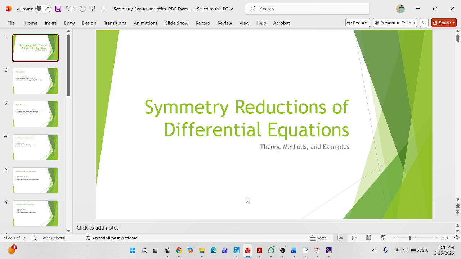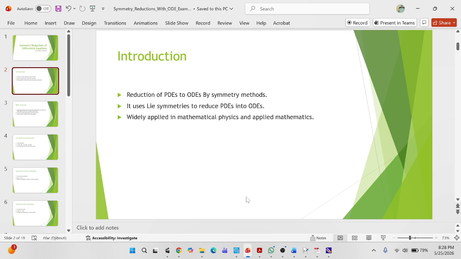Symmetry reductions of differential equations. In this video we are going to reduce PDEs into ODEs using the Lie symmetry method. So, reduction of PDE to ODE by symmetry method.